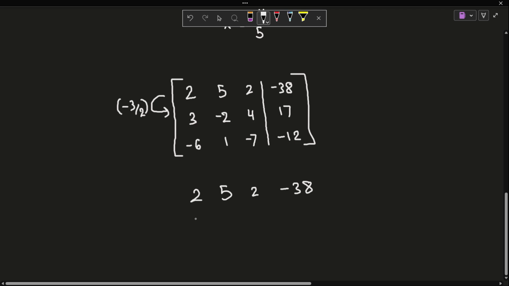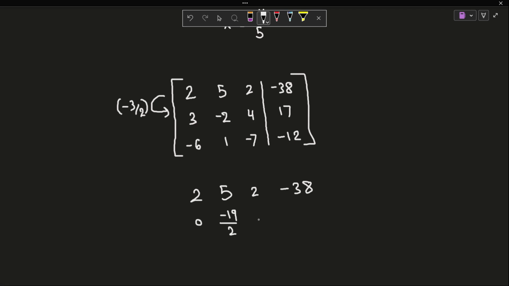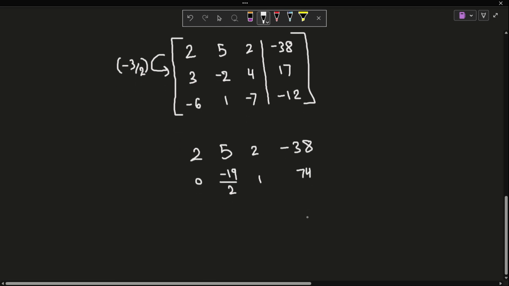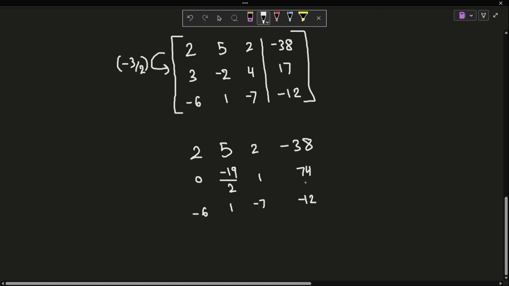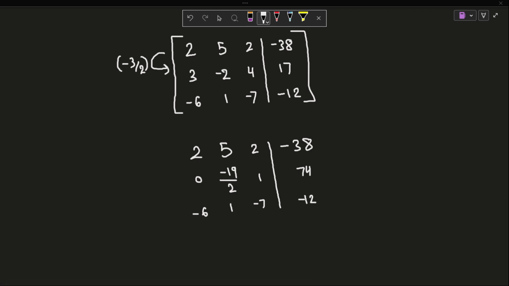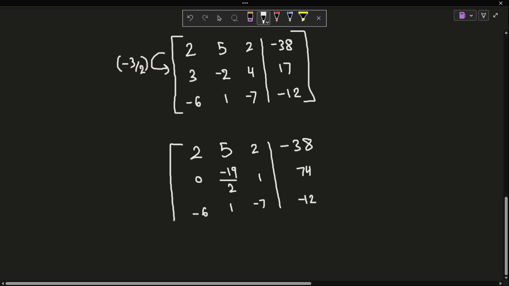And then the second row will become 0, and then that should become minus 19 by 2, 1, and then 74. And then the third row stays the same. So 6, 1, minus 7, minus 12. Okay, so that's step 1.